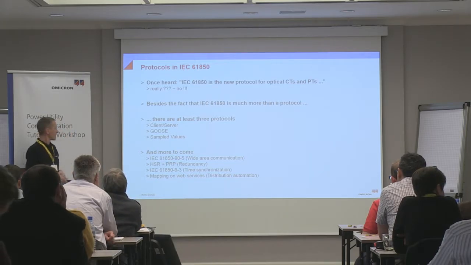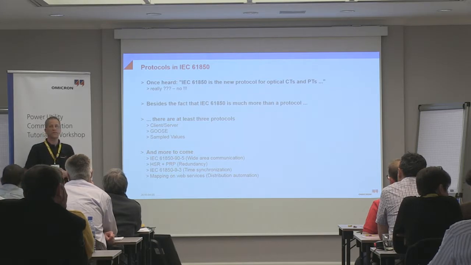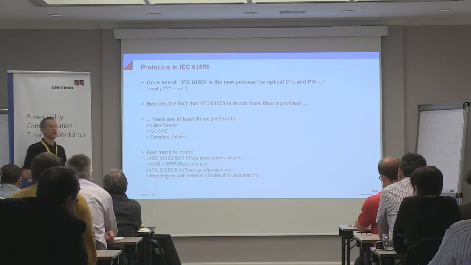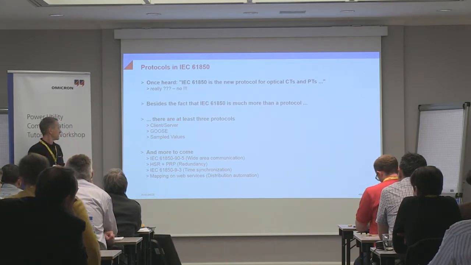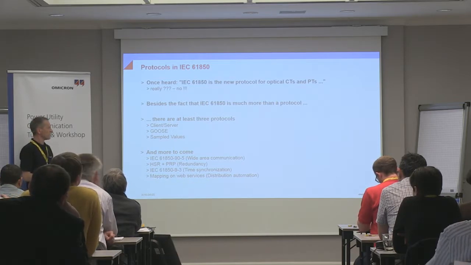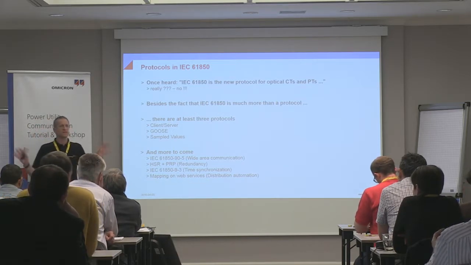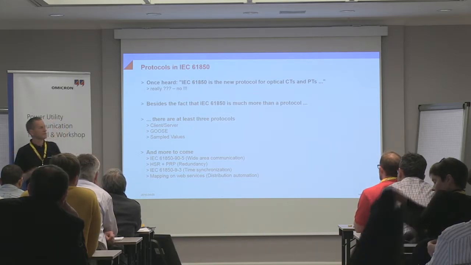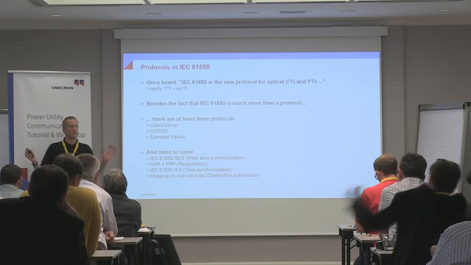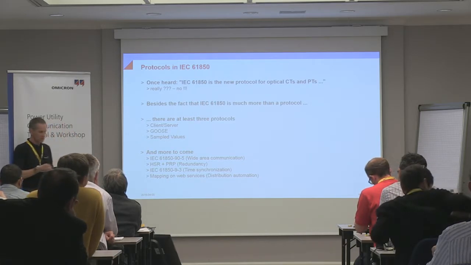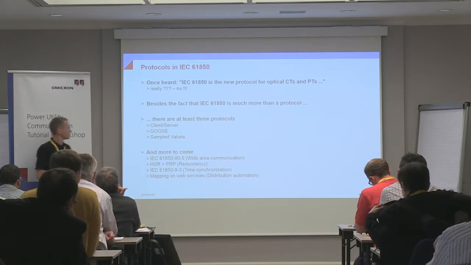Then time synchronization now also has, with -9-3, a 61850 number. We will hear about that tomorrow in a different presentation. There is also something going on with mapping on web services, something that we had to exclude from this event. It would just become too much. Even here, I will only go over a smaller scope.